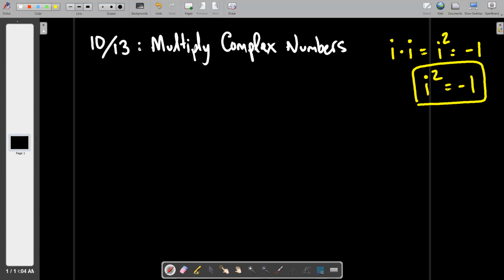All right. So having said that, when you multiply complex numbers, generally speaking, it's going to look something like this. You're going to have a complex number like that, and you're going to multiply it by another complex number like this. This is not the same level of simplicity as yesterday, when we just combined like terms.